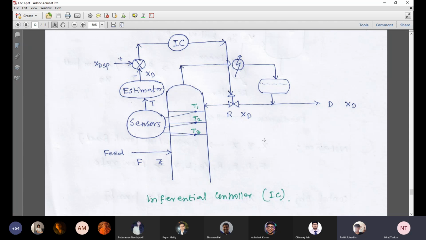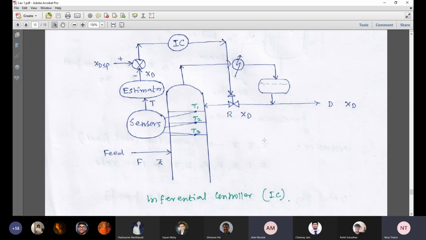Anyone can give a better answer. Why are we going for temperature measurement? Why not composition? One of you, I think, gave this answer previously. Sir, concentration and temperature are correlated.